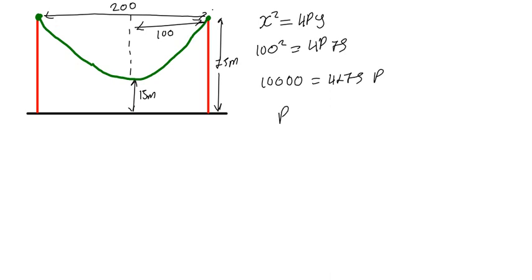p there. So your p is going to be equal to 10,000 divided by 4 times 75. What are you going to get as your p there?